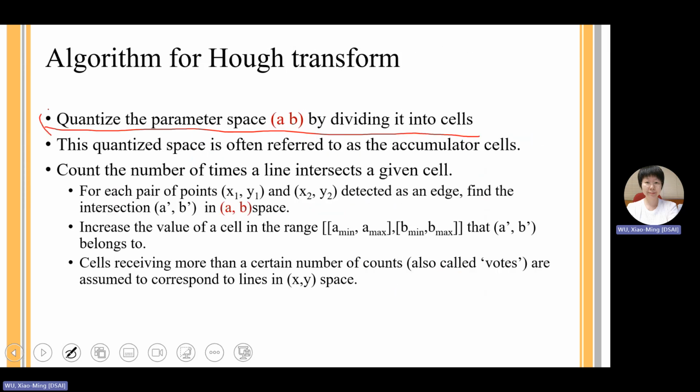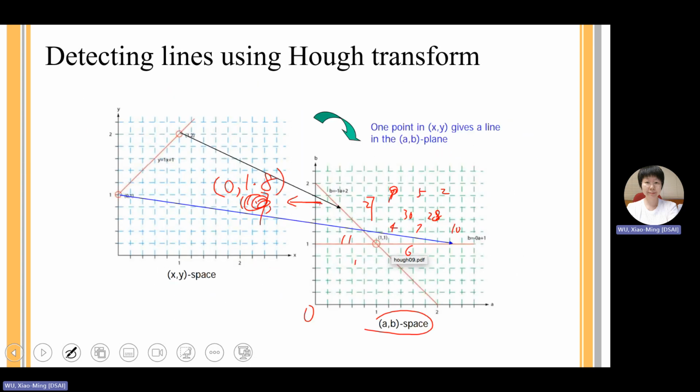So the first step, we quantize the space by dividing it into cells. And each cell corresponds to a pair of AB values. Like I said, for this cell, the AB value may be A being 0, B being 1.8.